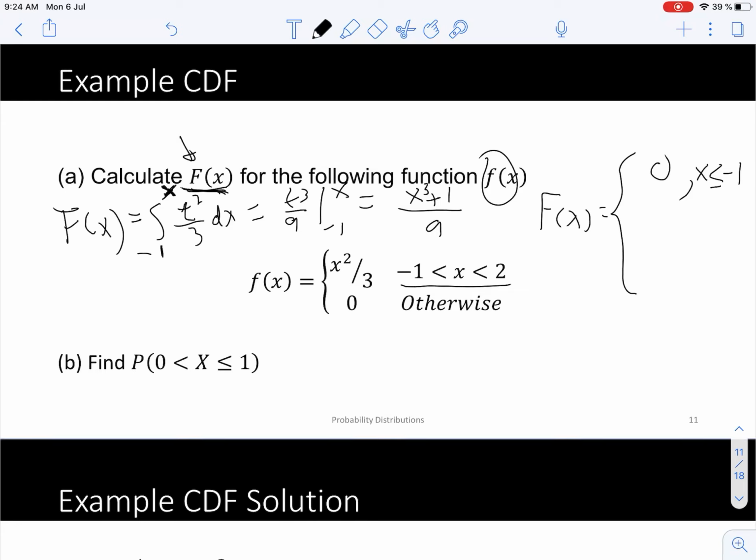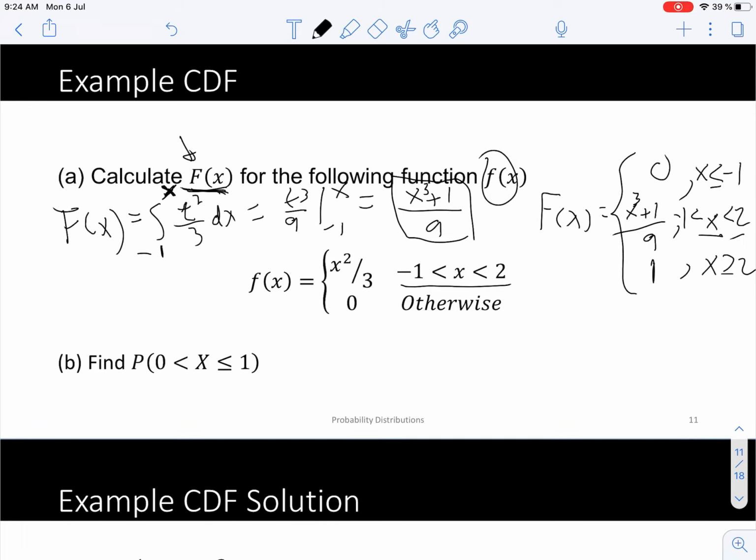But we know that if x is between minus 1 and 2, then of course we can use the function that we just found, so that will be (x cubed plus 1) over 9. And if we're getting values of x greater than or equal to 2, since this is cumulative, then of course the cumulative probability is going to be equal to 1.